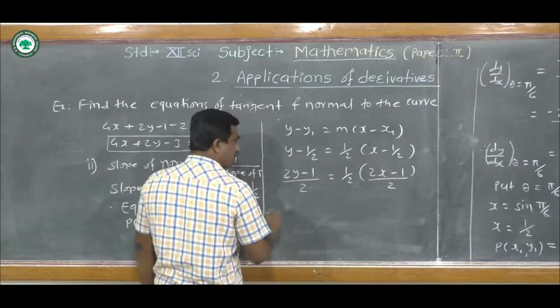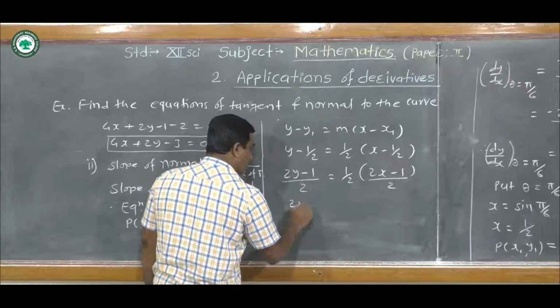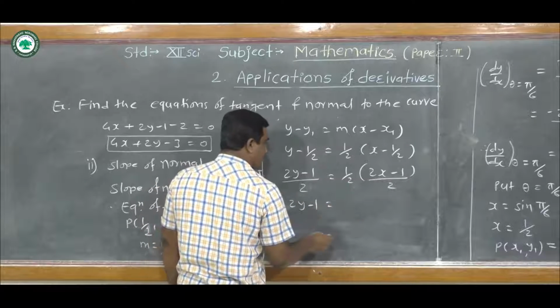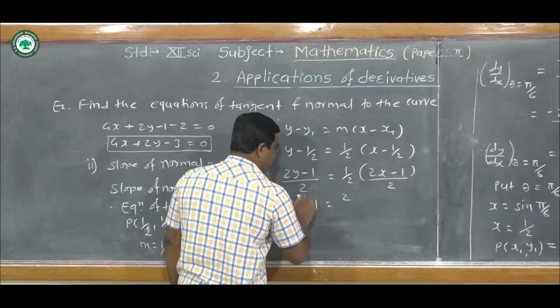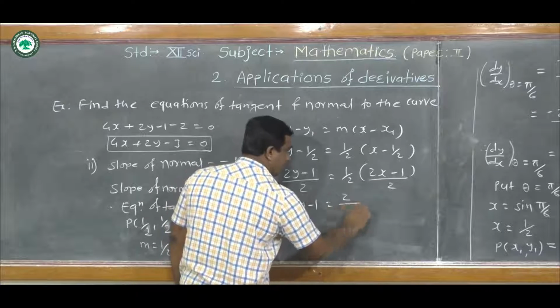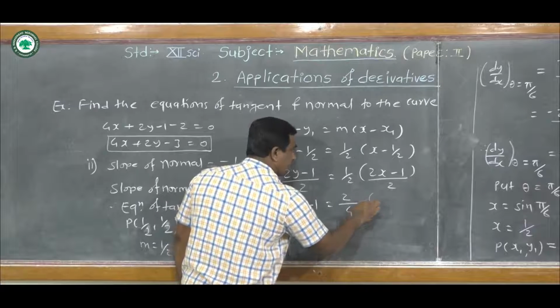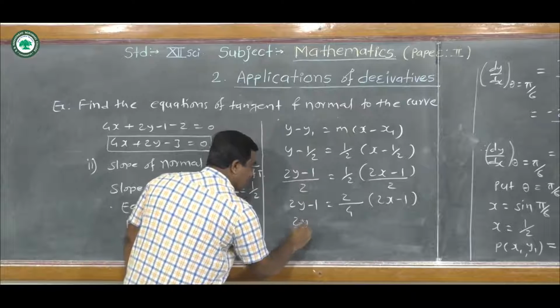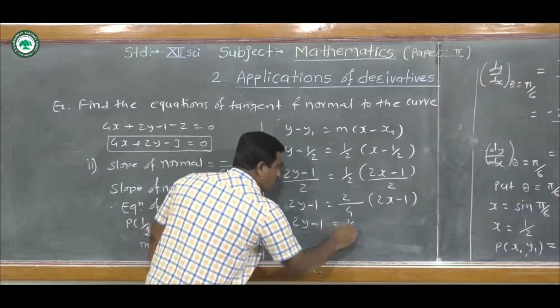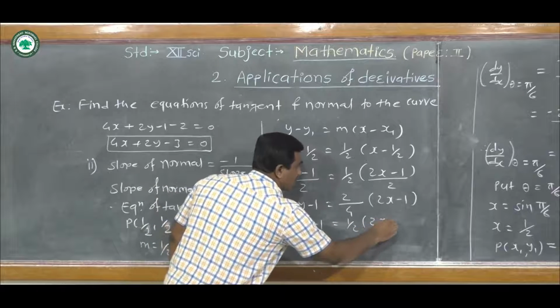Okay, that is 2y minus 1 equal to 2 upon 4 into 2x minus 1, that is 2y minus 1 equal to 1 by 2 into 2x minus 1.